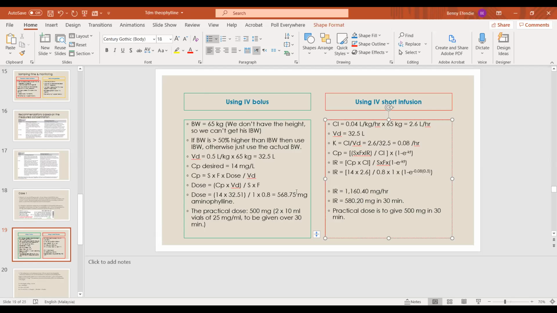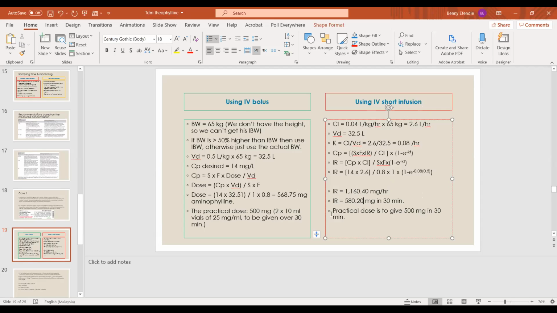You see, it is a bit higher here. You need a bit higher dose for IV short infusion because during the 30 minutes, the drug will already be eliminated a little bit.